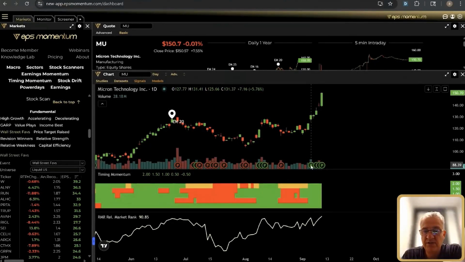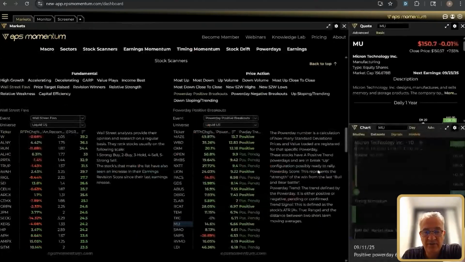So you see the P's here. This is 3.25 standard deviations, this is 1.2, and so on. So this is very, very useful to quickly sift through a list of names and find names that are jumping and breaking out.